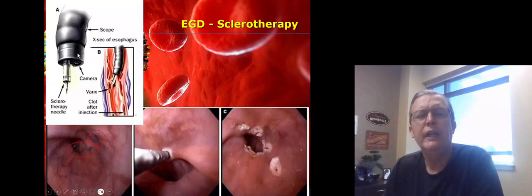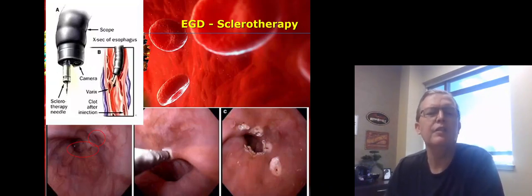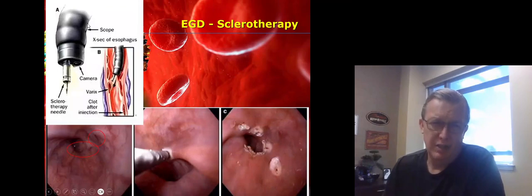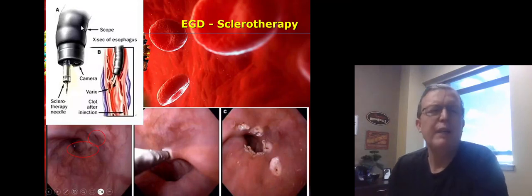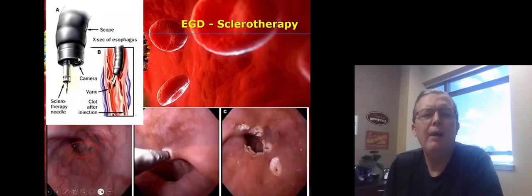So this camera is a multi-tool, if you will. This is a little better depiction of the scope with the camera. You can see this larger outer structure, that's the scope. And then we have a few structures here. This metallic ring houses the camera, which allows the visualization to capture these pictures that you see. Then you have a device that extends that has two apparatuses.